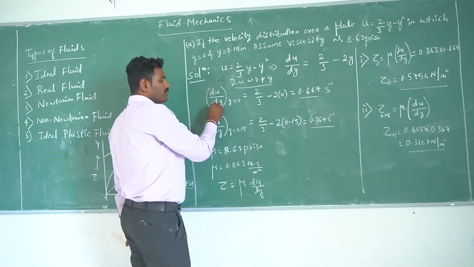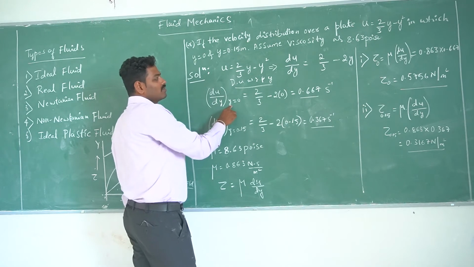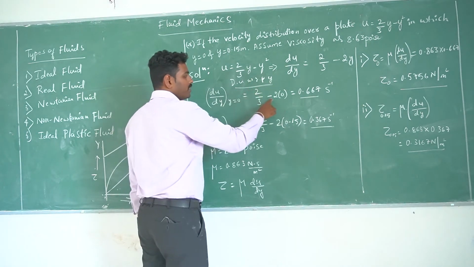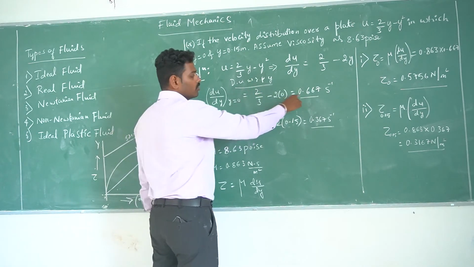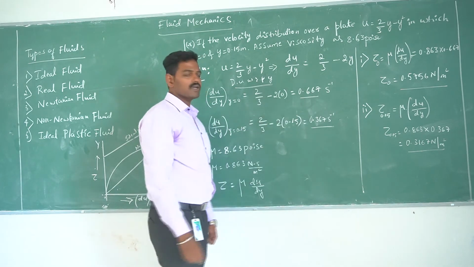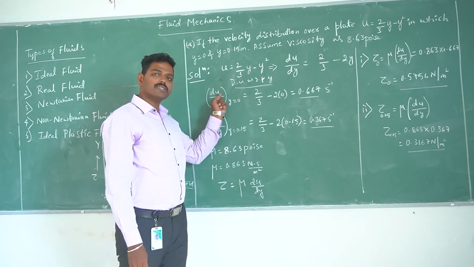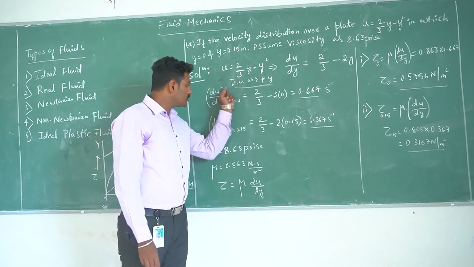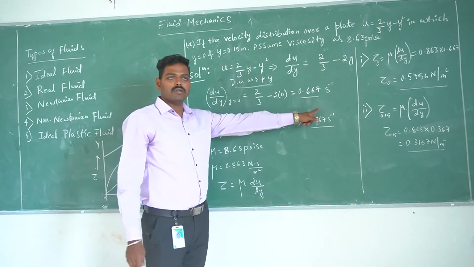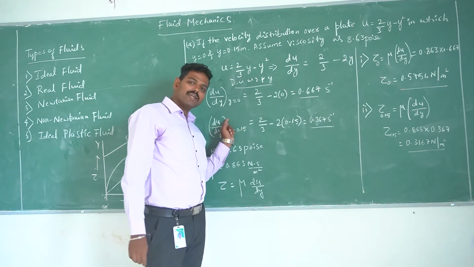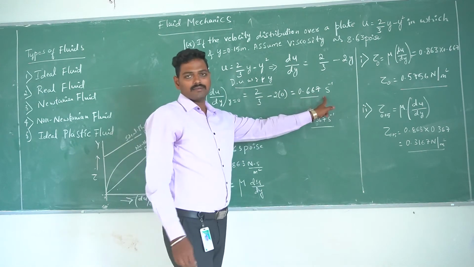Then du by dy when y is equal to 0, substitute the values, 2/3 minus 2 into 0. Then you get 0.667 per second. So du is meter per second, dy is meter, it gets cancelled, you will get per second. So the SI unit for velocity gradient is per second.